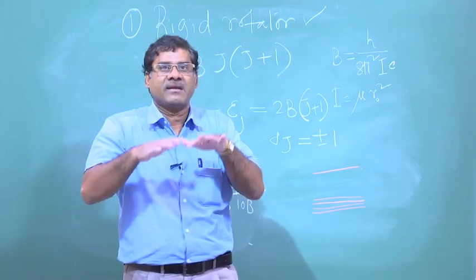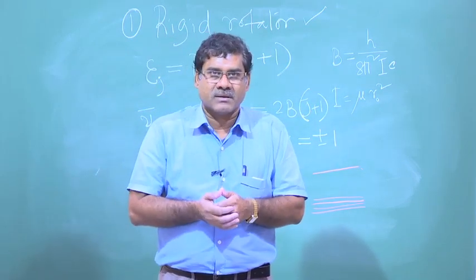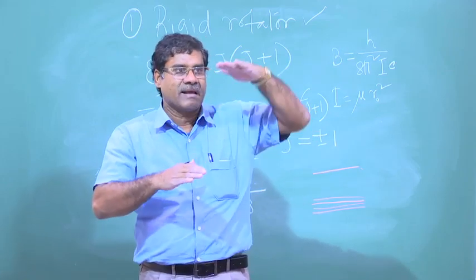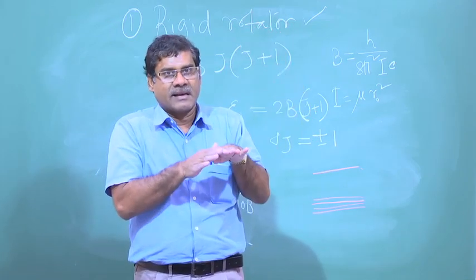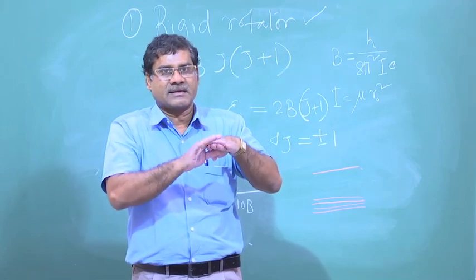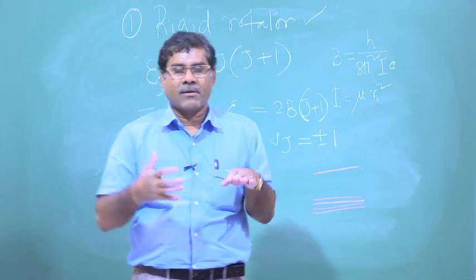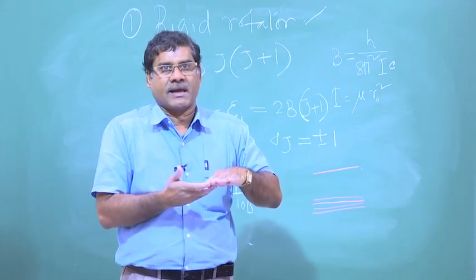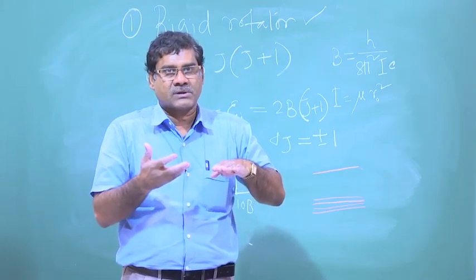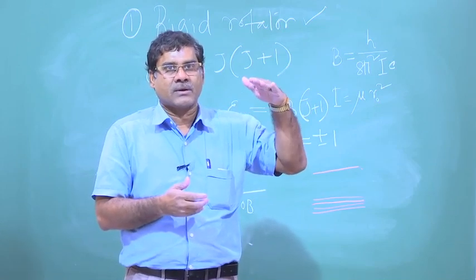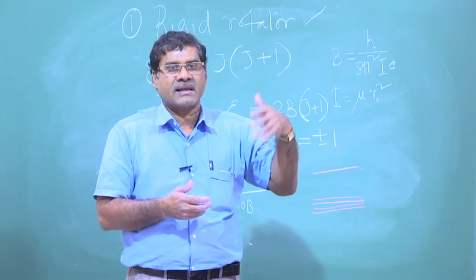They can be in different states, because different energy levels are there, and each energy level again has degeneracy. Now if I have 100 molecules, where will they stay? What is the probability to stay at J equal to 0, at J equal to 1, at J equal to 2? In which state can they stay?